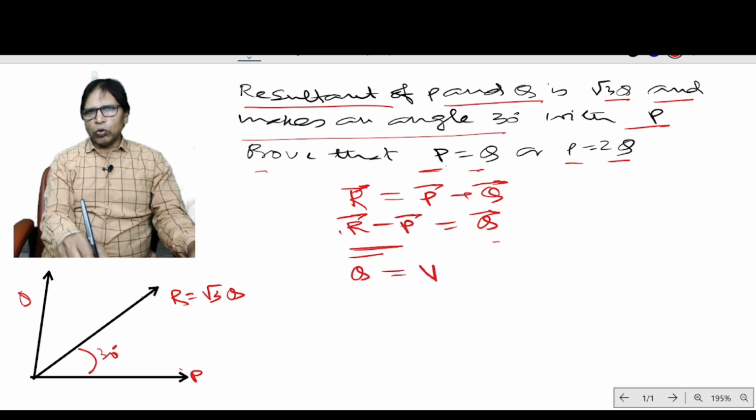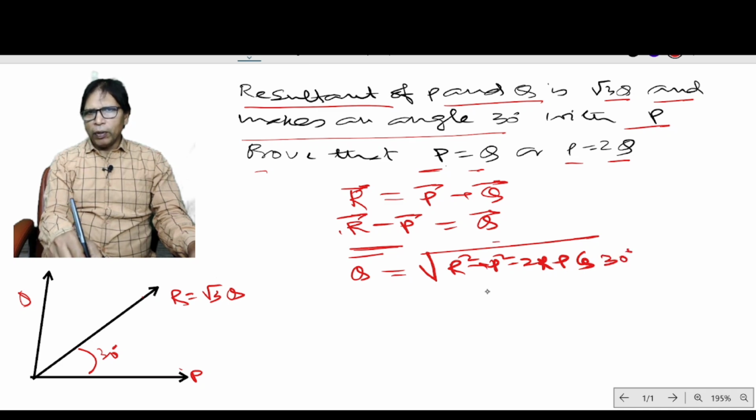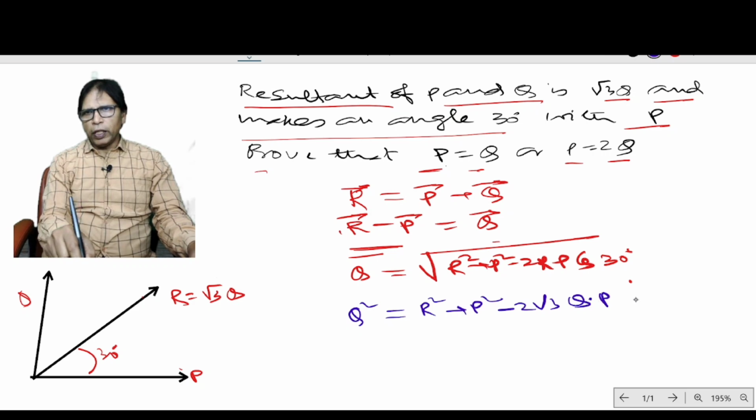Therefore Q equals the root of R square plus P square minus 2RP cos 30 degrees. No problem. So Q square equals R square plus P square minus 2 into R, which is root 3 Q, into P into root 3 by 2.